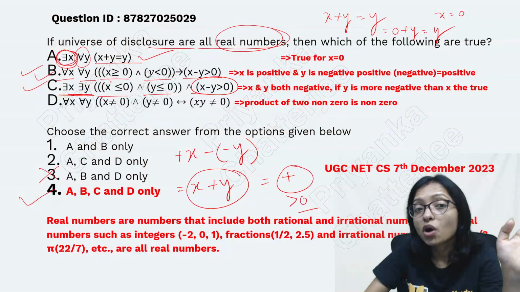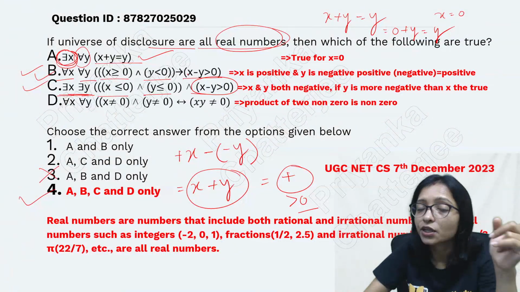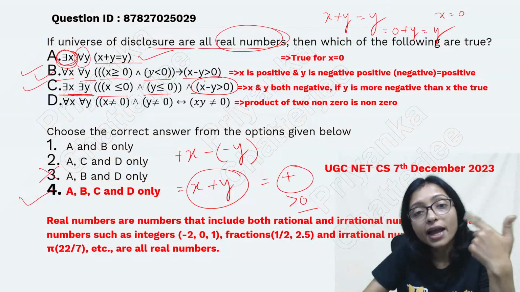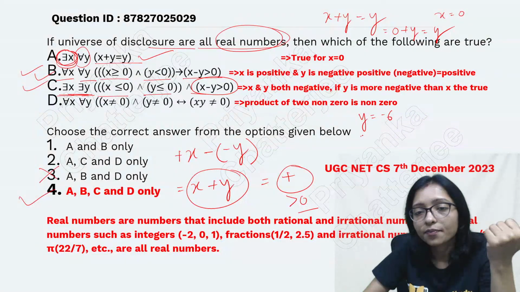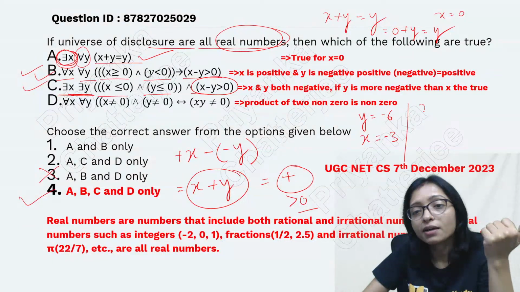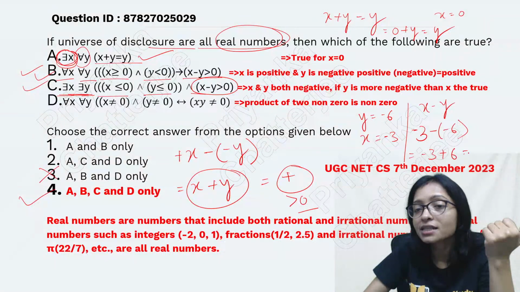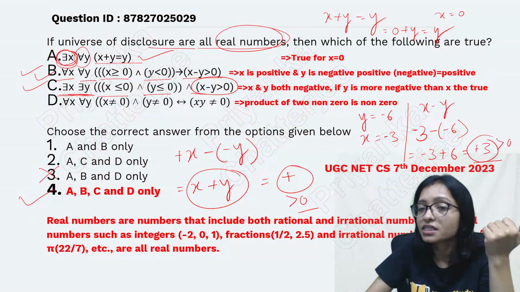How can I prove that? If I take y equals minus 6 and x equals minus 3, then x minus y is minus 3 minus minus 6, that means minus 3 plus 6, that means plus 3. I am getting a positive number which is greater than 0.